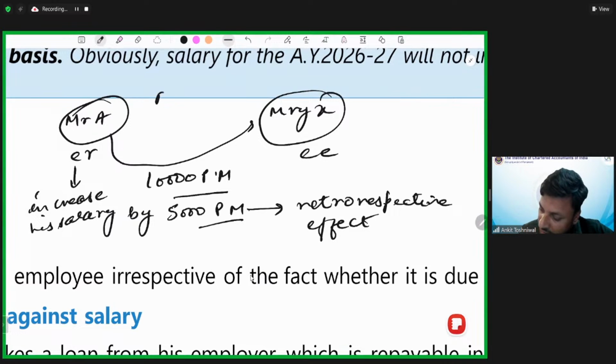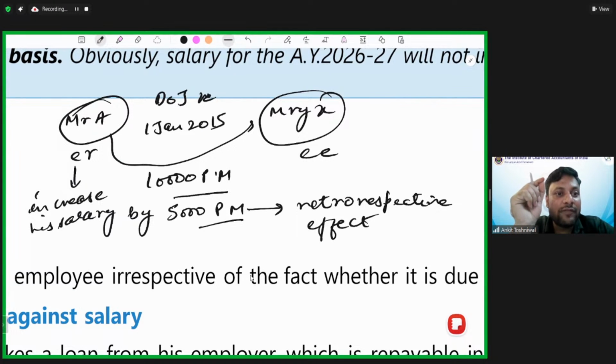If the date of joining of Mr. X is 1st Jan 2015, what does this mean? Retrospective effect means from the very beginning. Very beginning doesn't mean when Mr. X was born. It means when Mr. X joined that company, from that year.